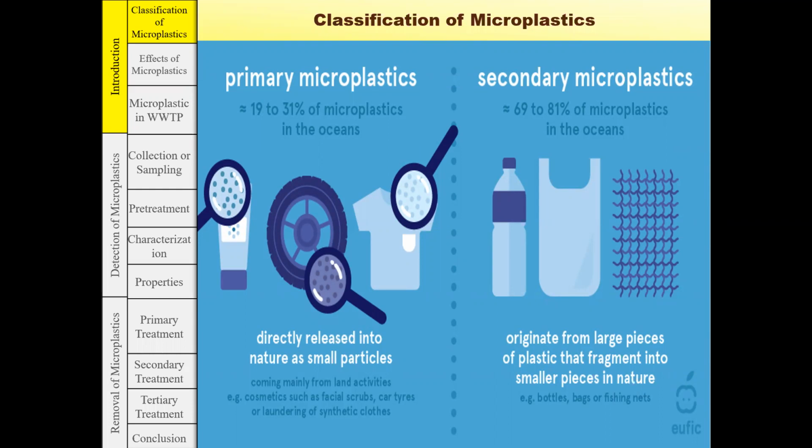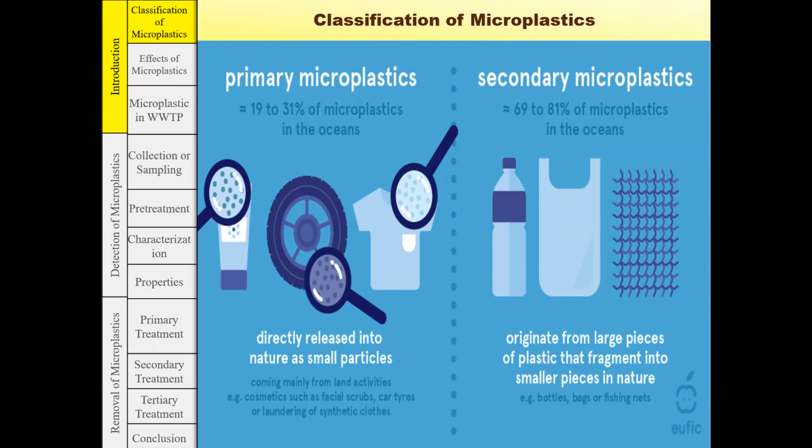Now, primary microplastics are those which are directly released into nature as small particles. For example, you may take personal care or beauty products, like facial scrubs. These are directly mixed with wastewater and discharged into rivers, lakes, oceans, etc. There are also certain tires which turn into small particles due to abrasion and can pollute the environment.